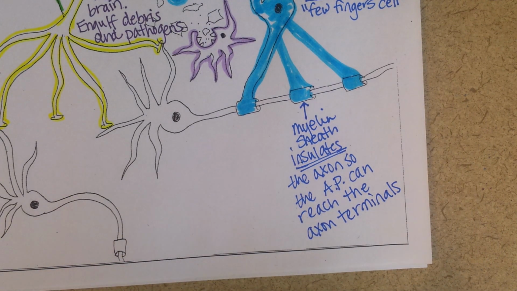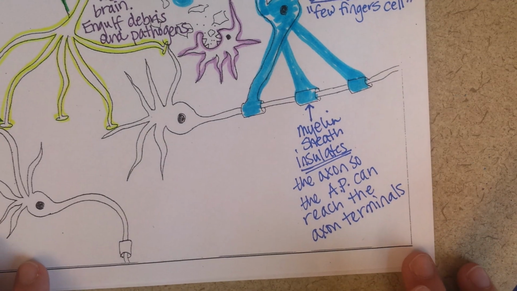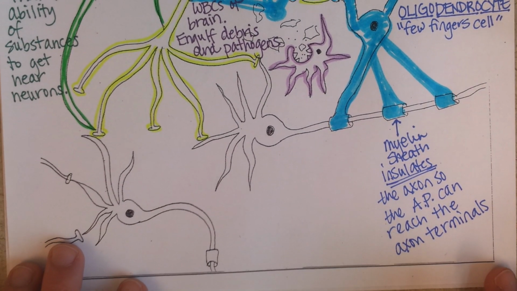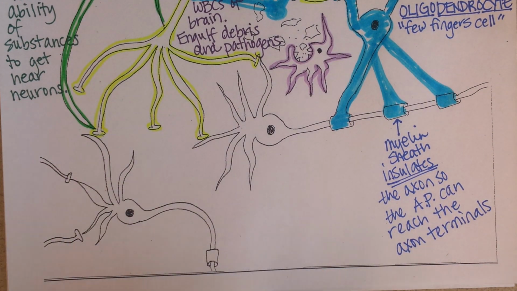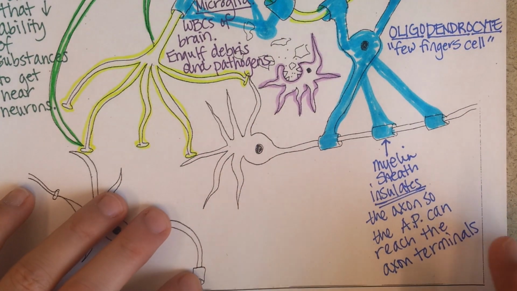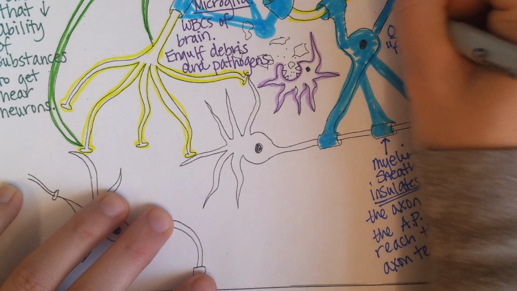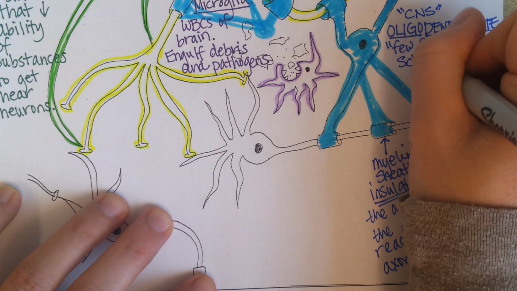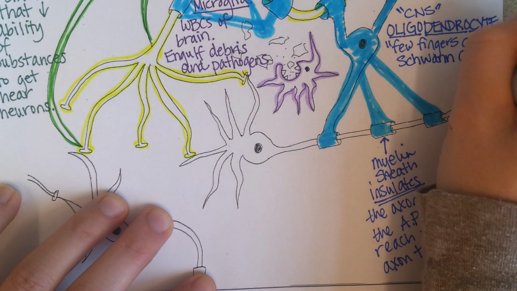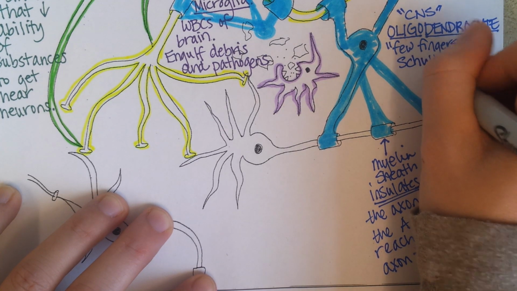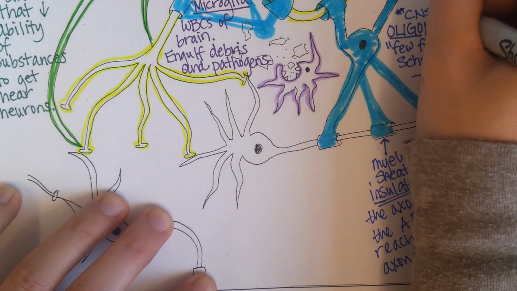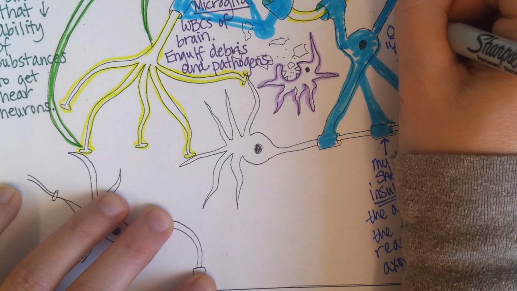Now in the peripheral nervous system, or in other words in your nerves, those axons are usually myelinated too, and they're called Schwann cells. So the oligodendrocytes are in the CNS, and the Schwann cells are in the PNS. So this is in the CNS.